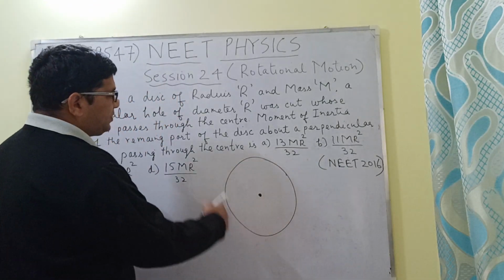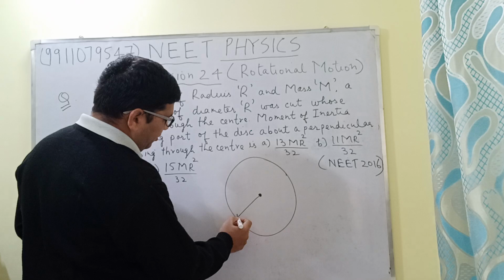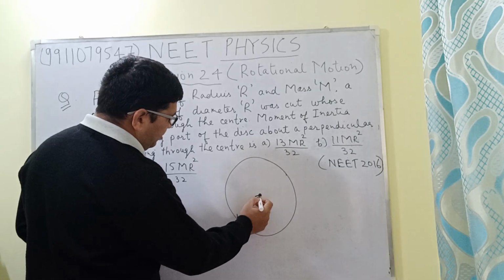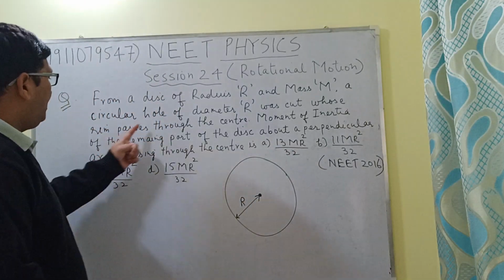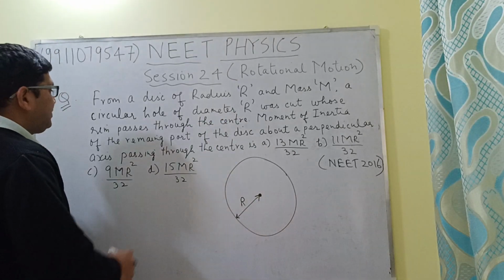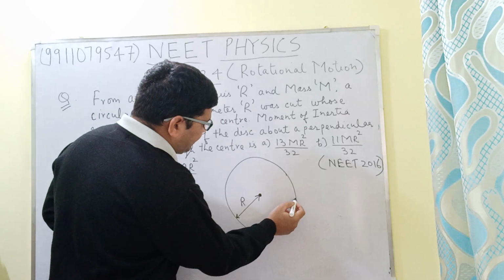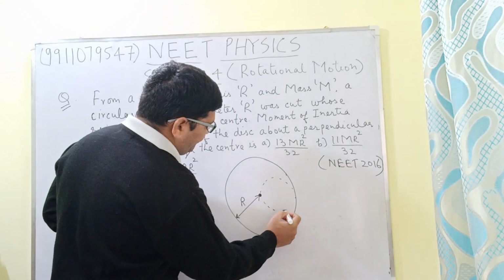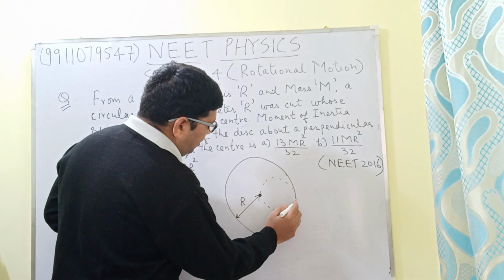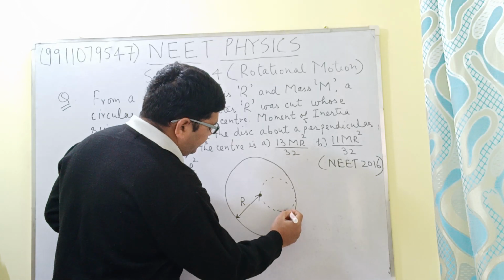Now here I have made this circular disc. The radius of this disc is r. And a circular hole of diameter r is cut in such a way that its rim passes through the center. That is, a hole is cut from this disc in such a way that its rim passes through the center, like this.